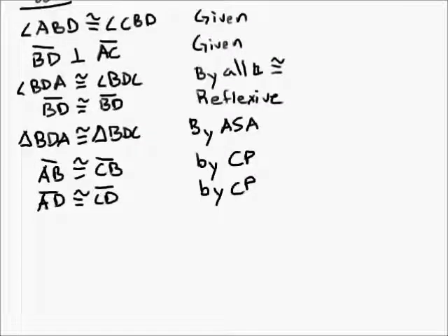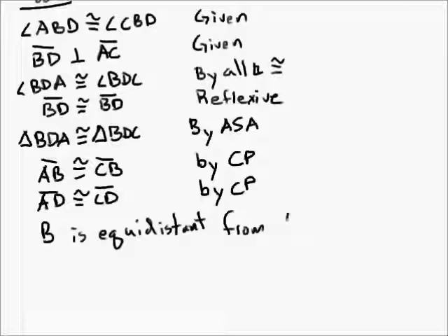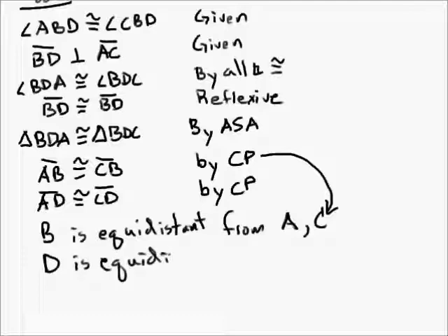From that we know B is equidistant from A and C, and that's by this guy. And we know that D likewise is equidistant from A and C, and that's from this guy.